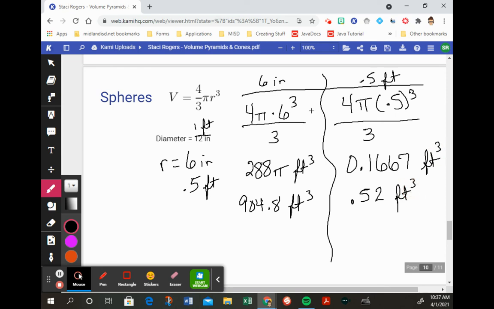So half a foot, cubic foot. This is in inches. I misread that one. So this is in inches. This has pi on it. Inches. Difference in how you read the problem.